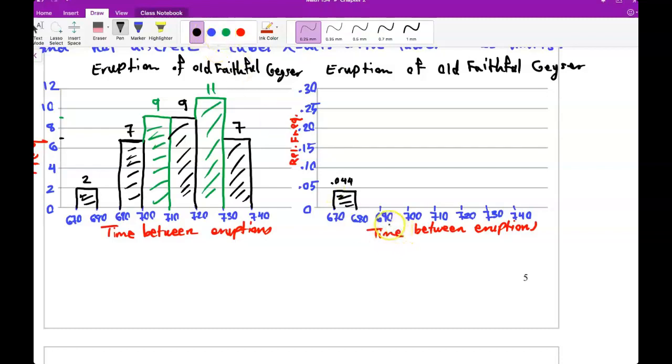Okay, then here is 0.1556. So that is 0.15 or 15%. 20%.